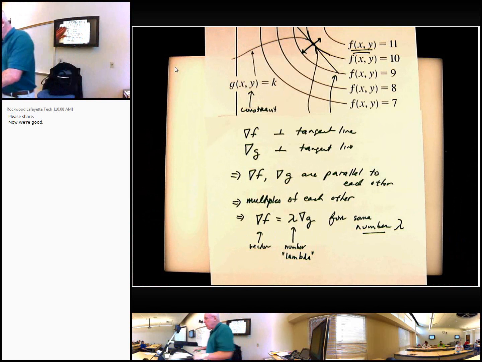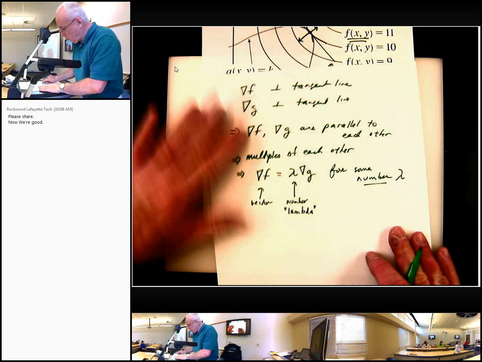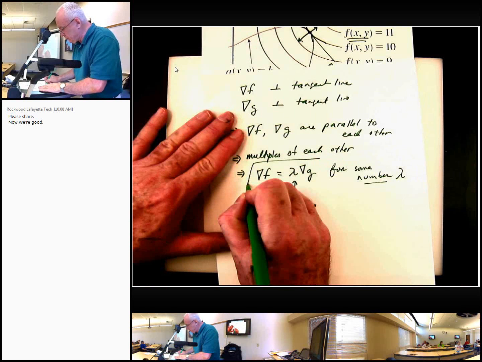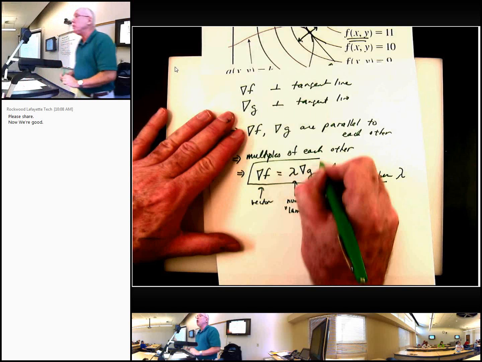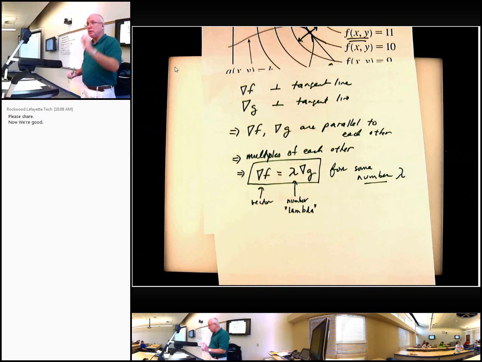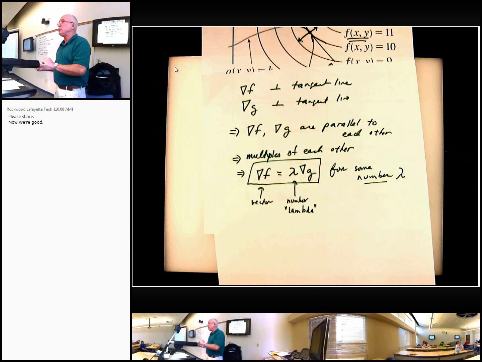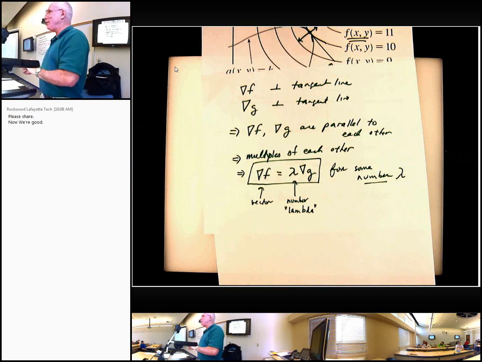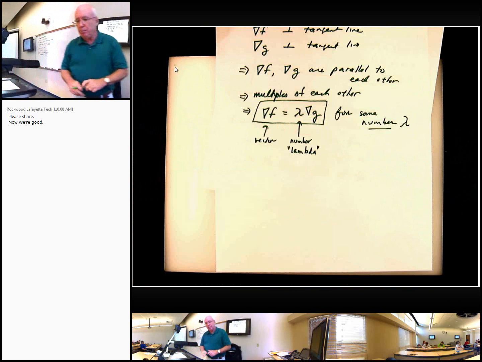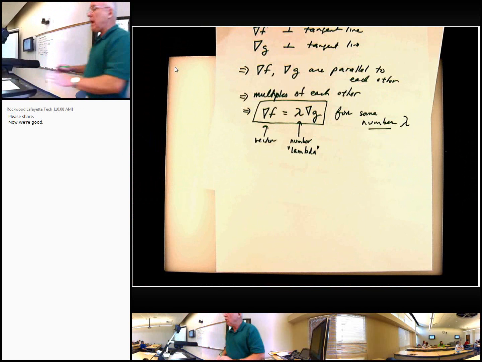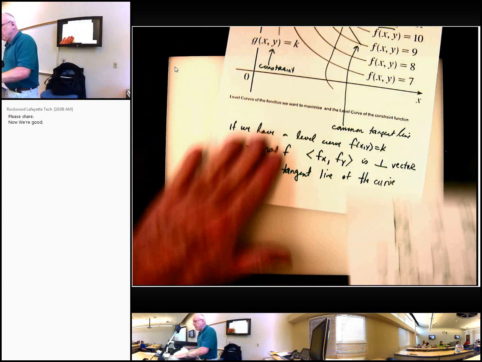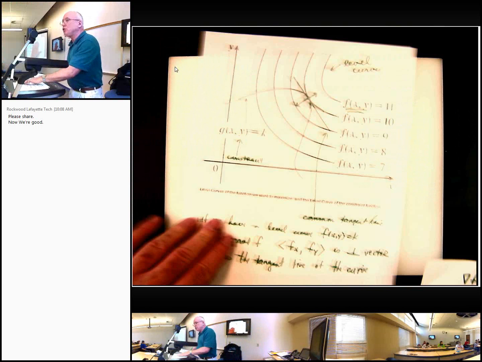Now, let's just hold this thought here, because this is going to be the heart of this process that we're going to see in just a few minutes after break. The other thing I want to say before we break is this. What we were looking at here was a function of two variables.